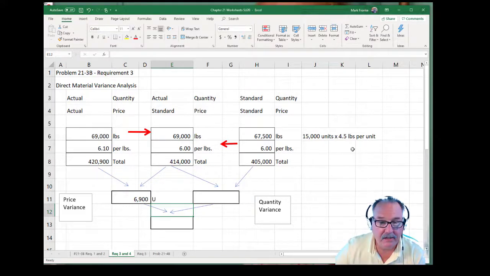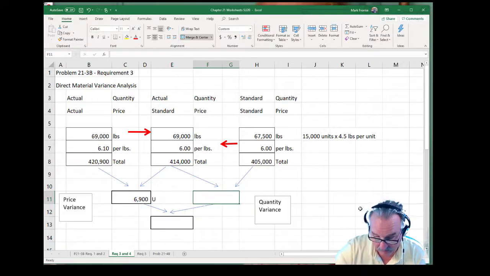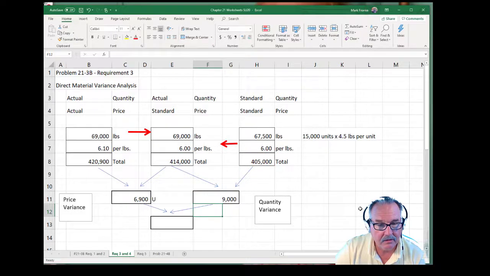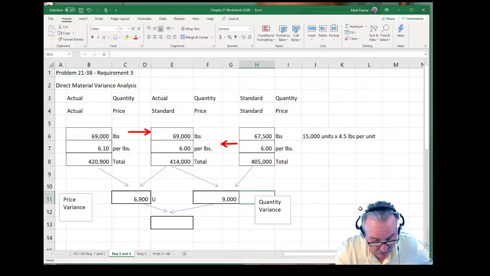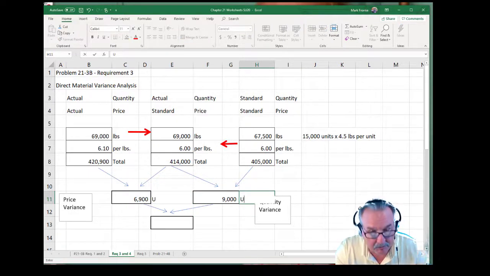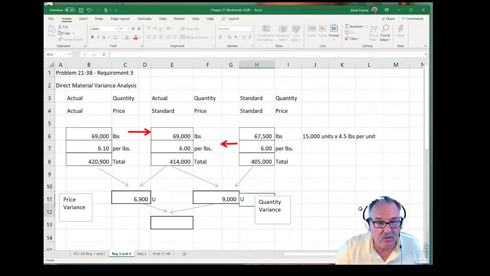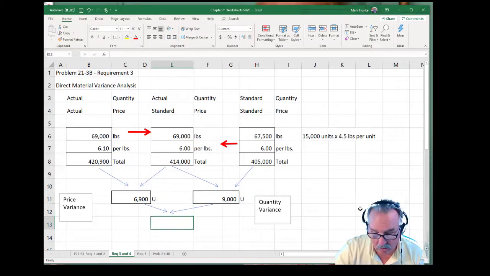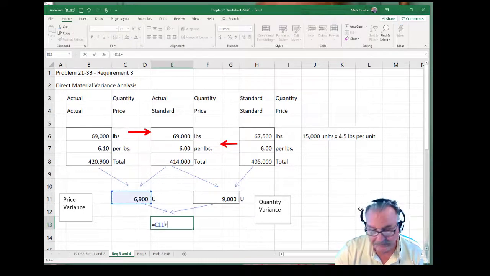Then, if we focus on the quantity, we also have an unfavorable variance because we used 1,500 pounds more than we expected to use. And that's also unfavorable. So the total variance is unfavorable.